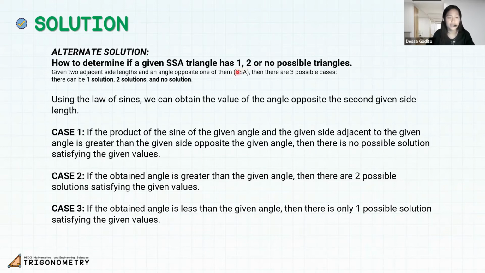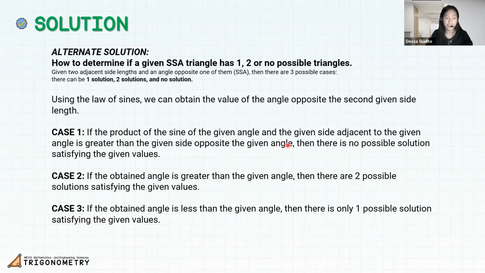So, using the law of sines, we can obtain the value of the angle opposite the second given side length. We have here three cases. Case 1 states that if the product of the side of the given angle and the given side adjacent to the given angle is greater than the given side opposite the given angle, then there is no possible solution satisfying the given values.